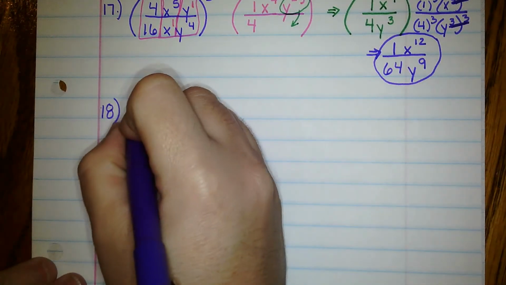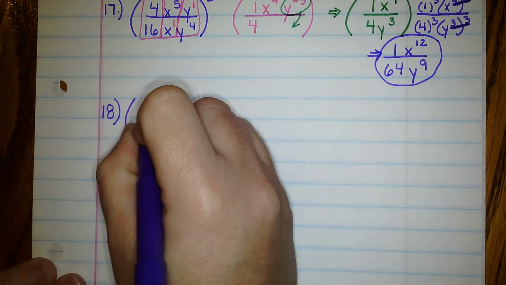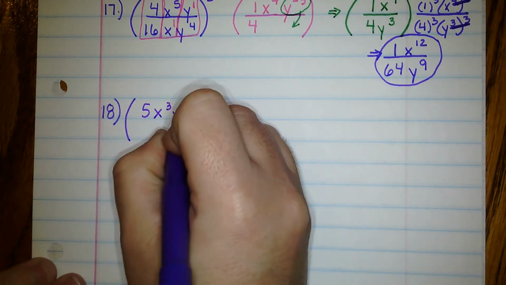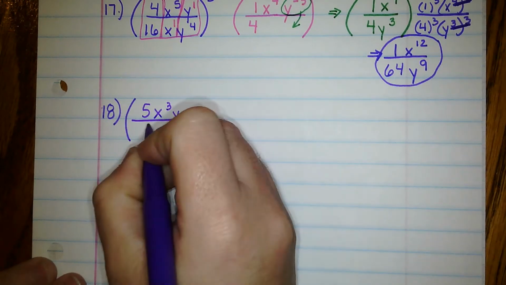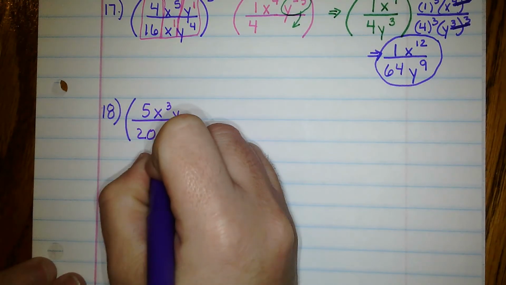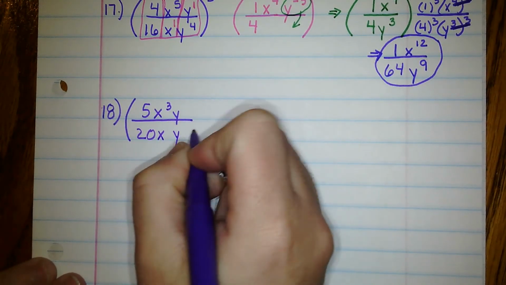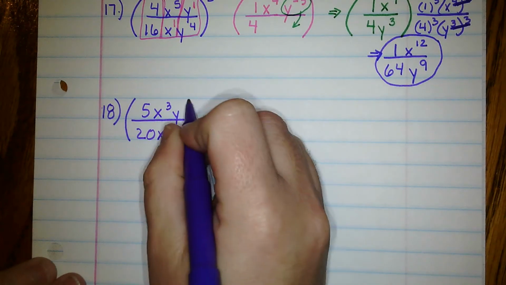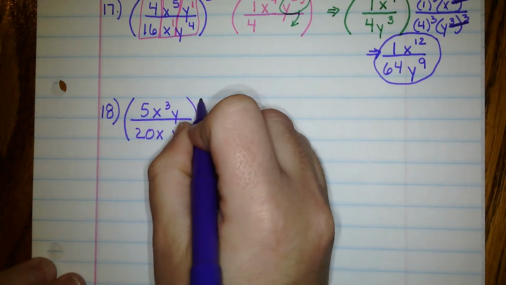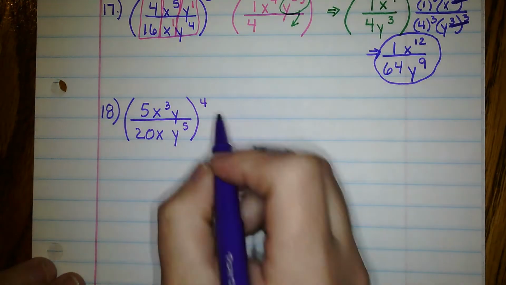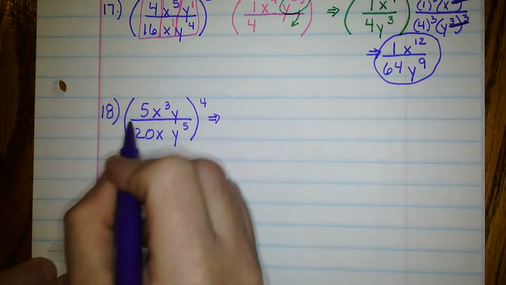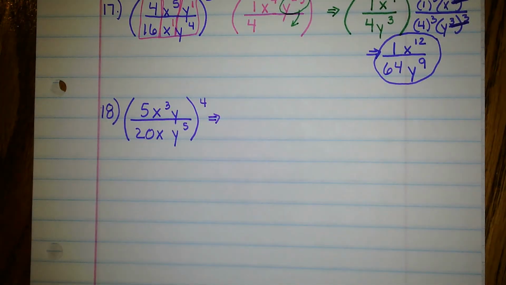So this fraction is 5x to the third y over 20x y to the fifth. And that's all raised to the fourth power. So again, my focus is trying to simplify what I can on the inside so that I can make my outside exponent easier to manage.